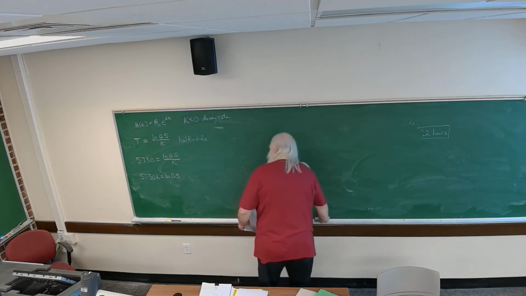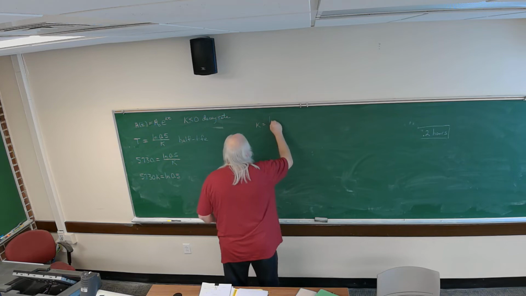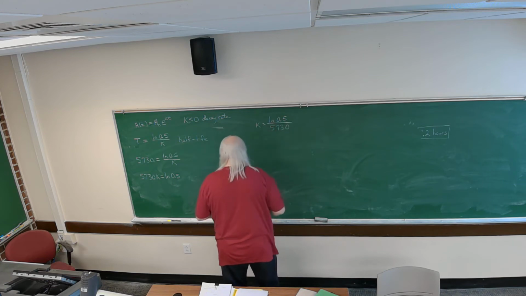And we get the decay rate K is equal to the natural log of 0.5 divided by 5,730.